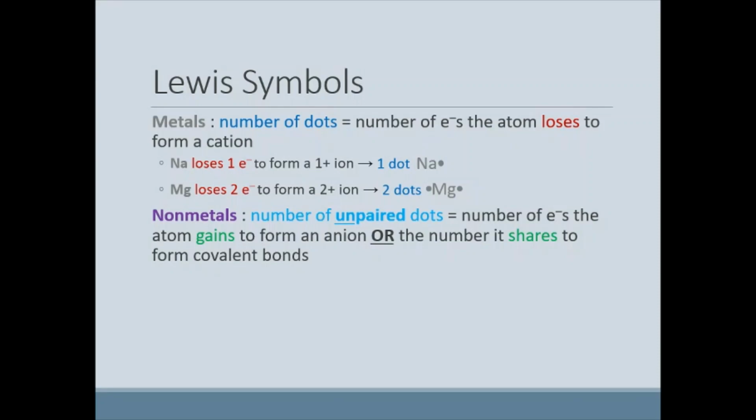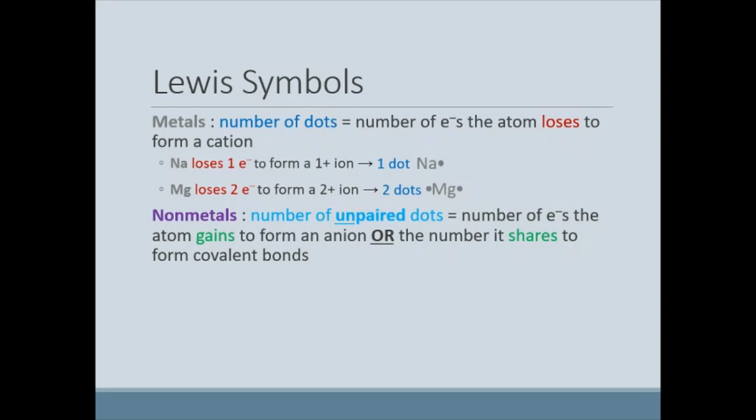But say you don't have a periodic table handy, but you have the charges associated with them. For the non-metals, the number of unpaired, and please note, unpaired dots is going to be the number of electrons the atom gains to form an anion, or the number of electrons that it's going to share to form a covalent bond.